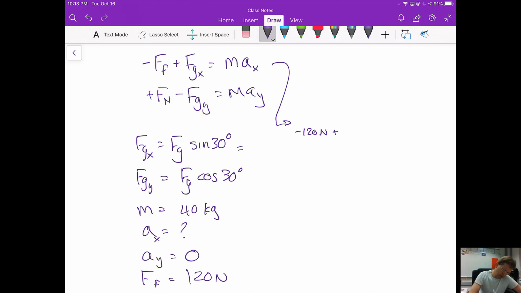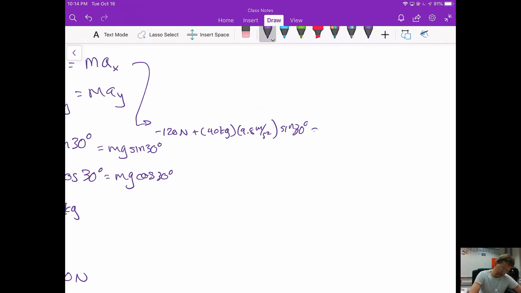So we know that this is mg sine 30 degrees. FG is just the weight. By definition, FG is the weight. And then mg cosine 30 degrees. Okay, so FGX is the mass, 40 kilograms, times g, 9.8 meters per second squared, times sine 30 degrees, equals m, 40 kilograms, times a.